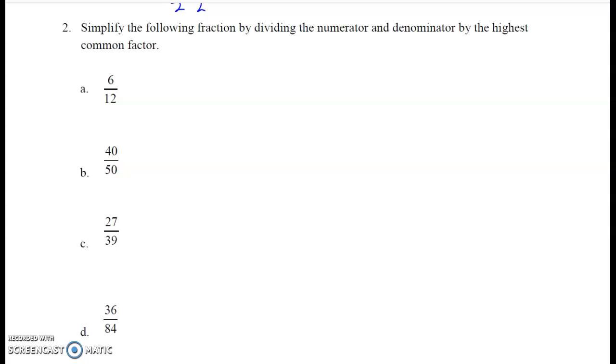Okay, if we think about this first one in question 2, simplify the following fraction by dividing the numerator and the denominator by the highest common factor. So 6 over 12, what's the highest common factor of 6 and 12? We should be able to see that 6 goes into 12, so 6 is going to be that.